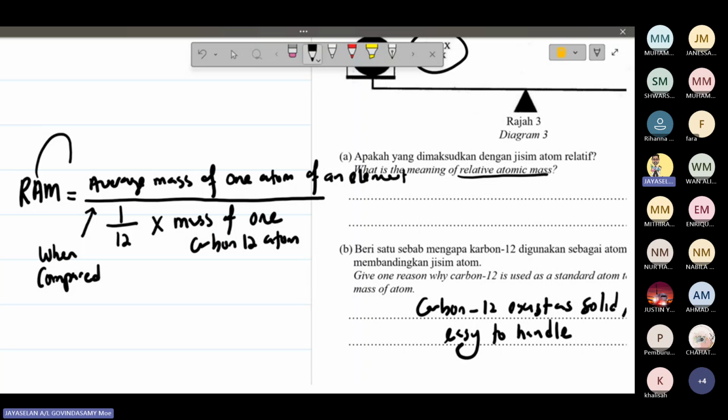Now convert this formula into word form sentences, you dapatkan markah. So what is the definition of RAM, or what is meant by relative atomic mass? You take the average mass of one atom of one element, when compared with 1 over 12 times the mass of one carbon-12 atom. So you go very fast. I don't understand.